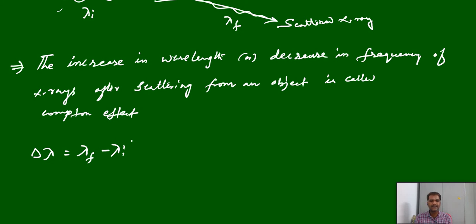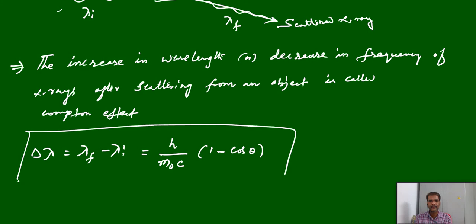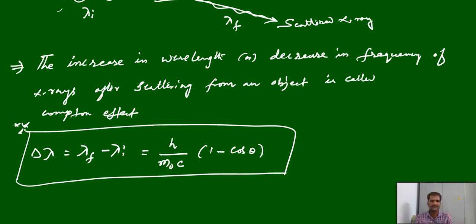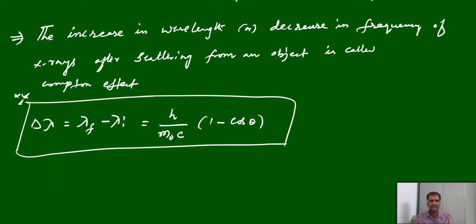The initial wavelength is less because the frequency is more. This is equal to h by m naught c into (1 minus cos theta). And this is the formula given by Compton. Not much detail is required here, just remember the formula.